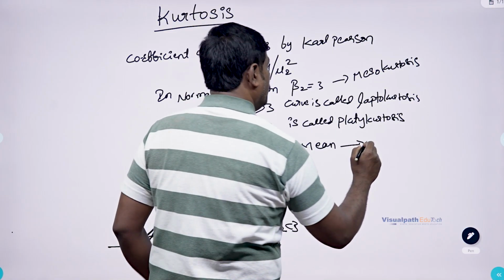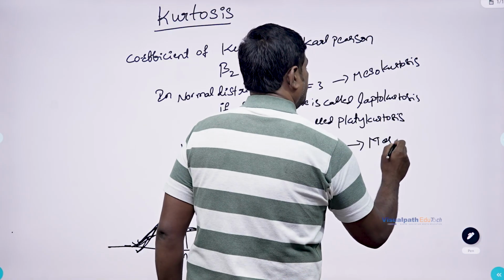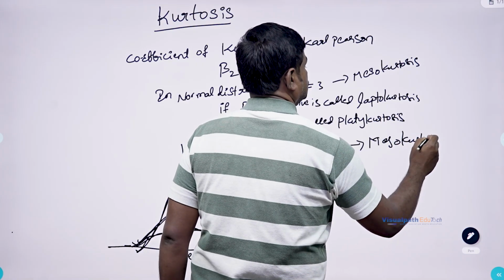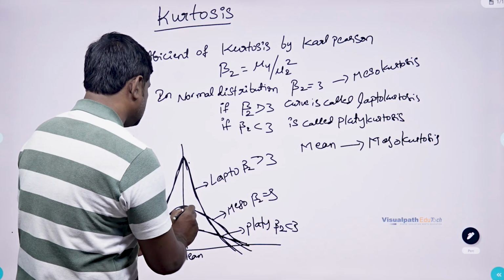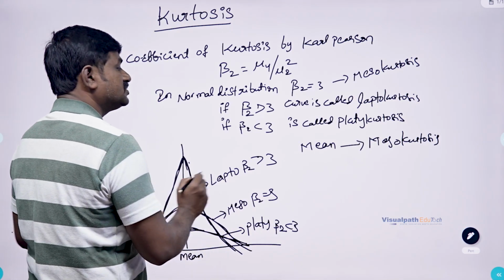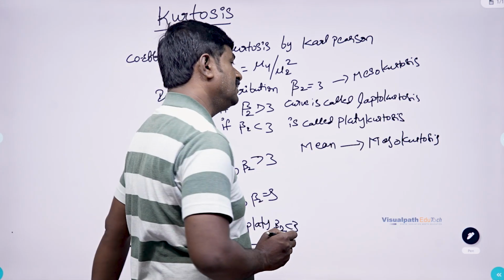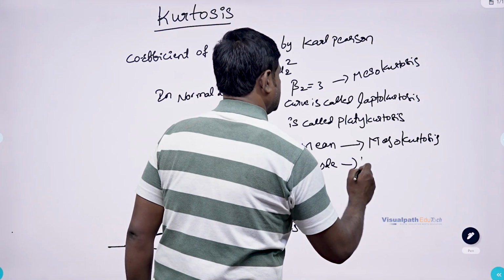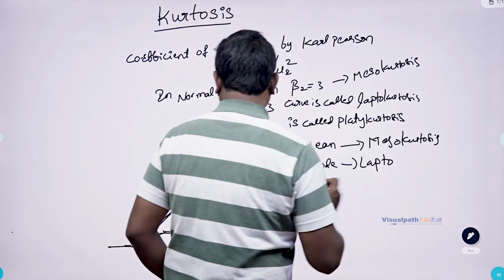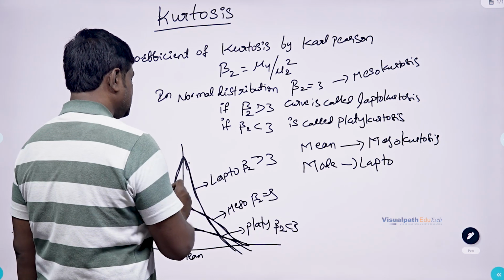To identify the kurtosis, the mean is the perfect measure for mesokurtosis, because a normal distribution follows the mean. Mode is the perfect measure for leptokurtosis, because we have the highest mode in leptokurtosis. It is very much peaked.